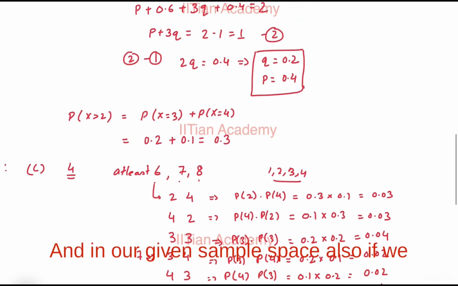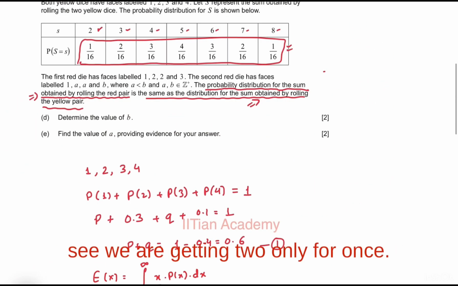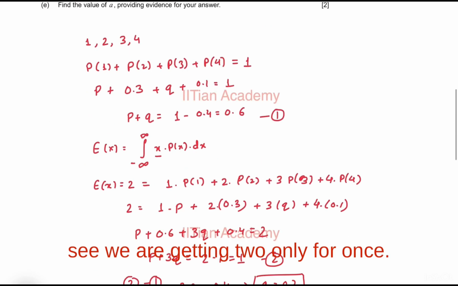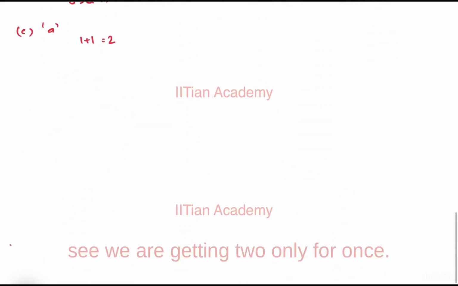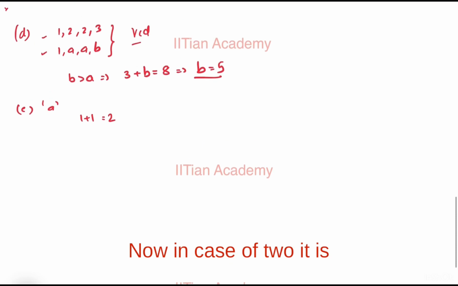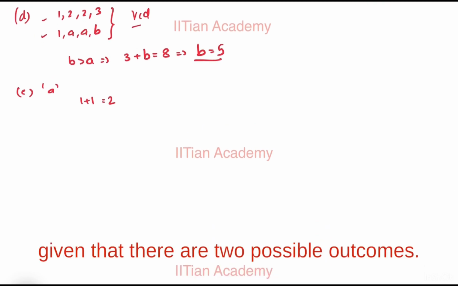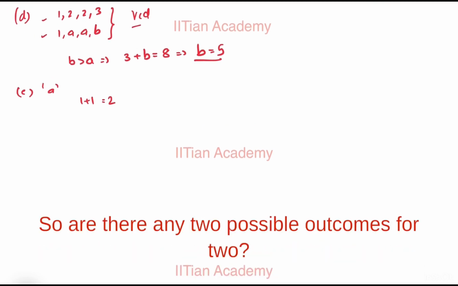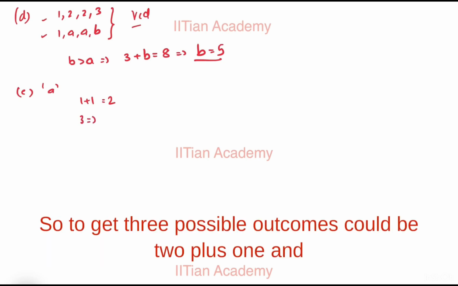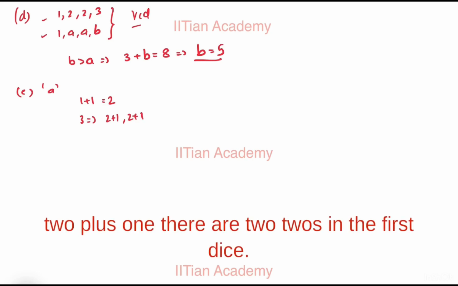And in our given sample space also, we are getting 2 only for ones. Now, in case of 3, it is given that there are 2 possible outcomes. So to get a 3, possible outcomes could be 2 plus 1 and 2 plus 1. There are 2 twos in the first dice.